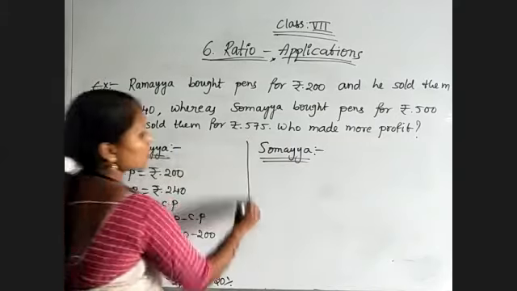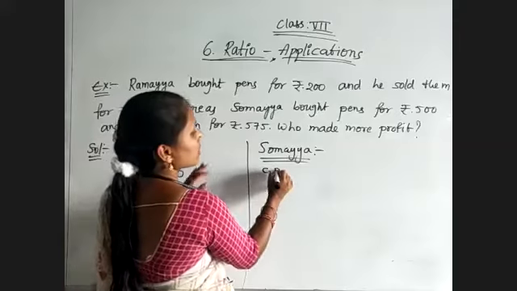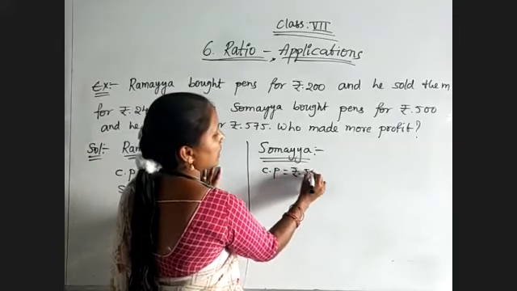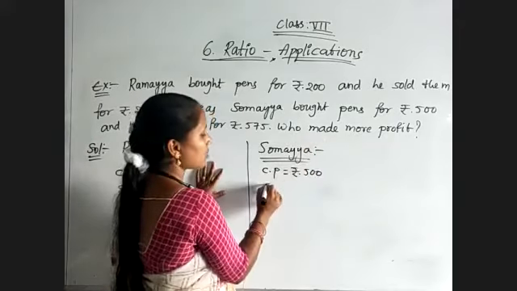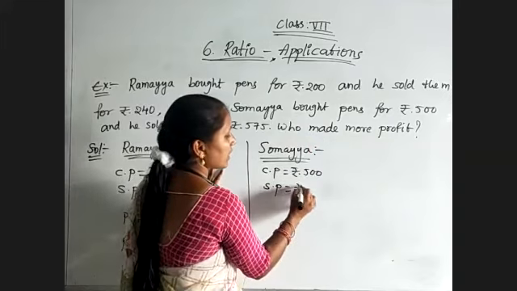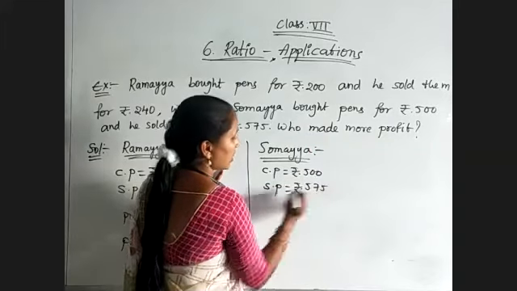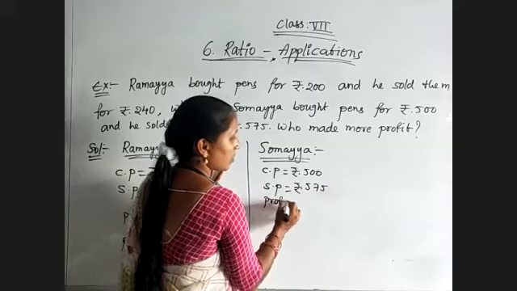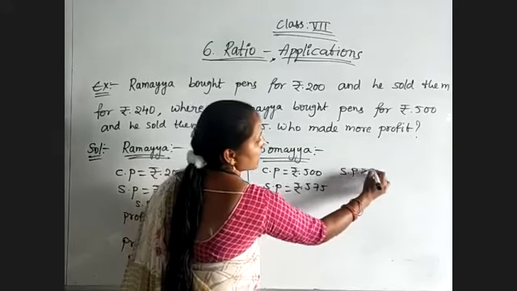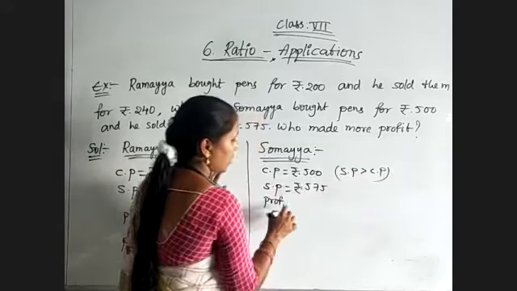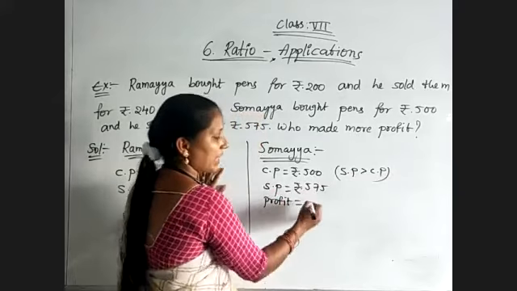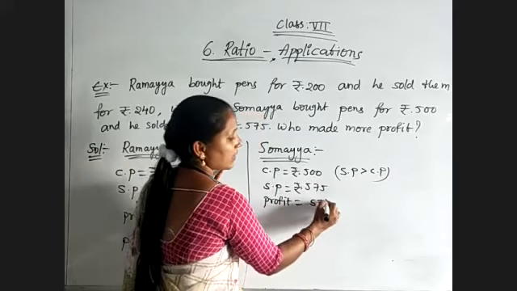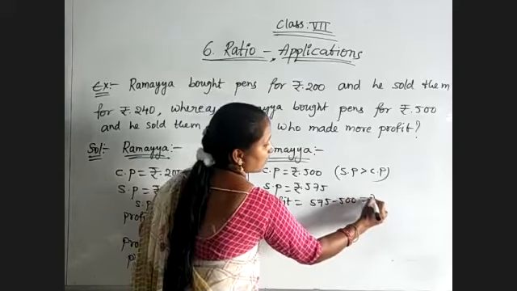Then coming to Somaya, his CP is equal to 500 rupees. He bought pens for 500 rupees and sold them for 575 rupees. So SP is greater than CP. Then he is getting profit of SP minus CP, that is 575 minus 500, which is nothing but 75 rupees.